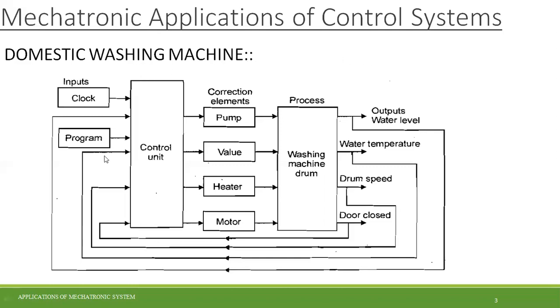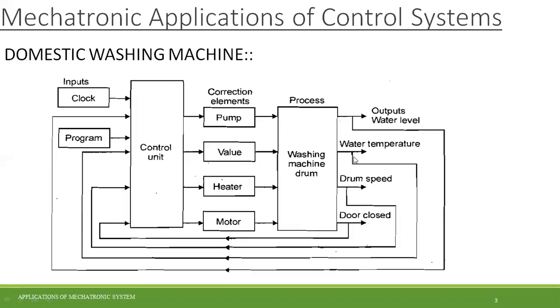This is the way the control system plays a major role, by taking the input and running the program from the microprocessor. The programs have already been dumped into it, and based upon that, the necessary actuators operate. A pump is an actuator, a valve is an actuator, a heater is an actuator, a motor is an actuator, and these interconnections will drive the washing machine with corresponding feedback, so it is considered a closed loop control system.